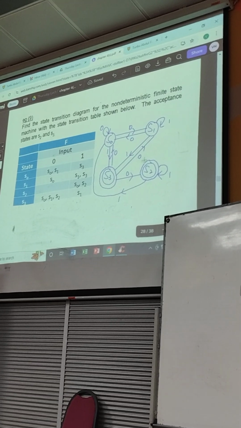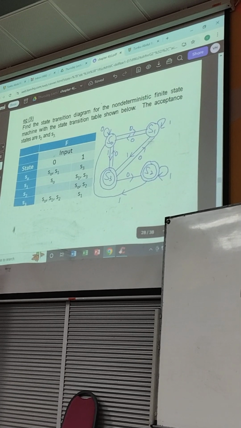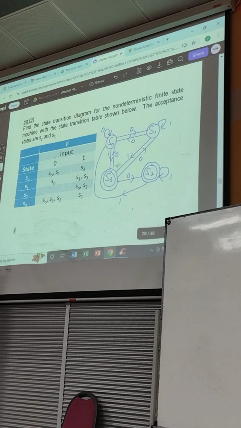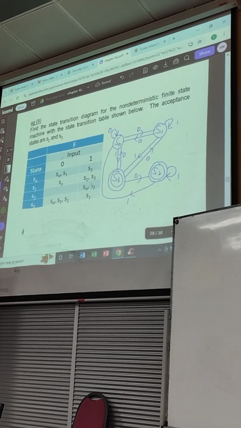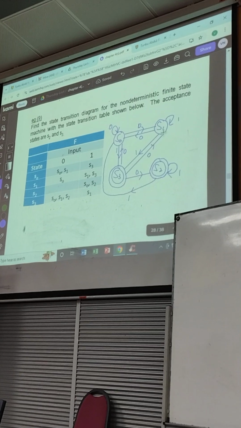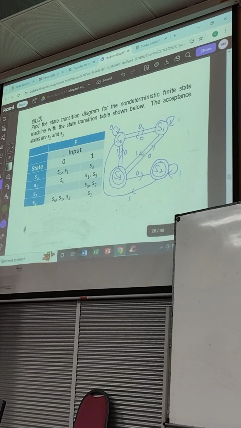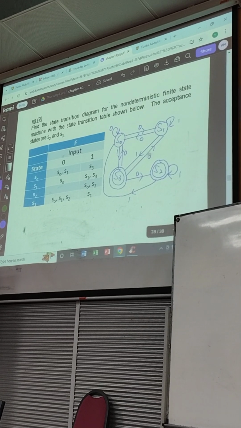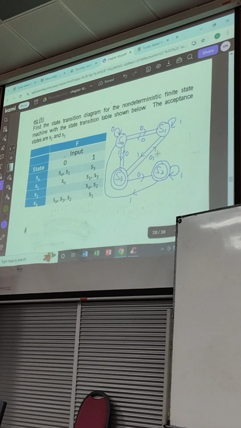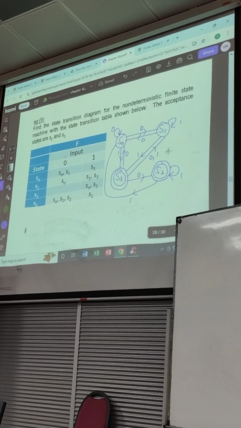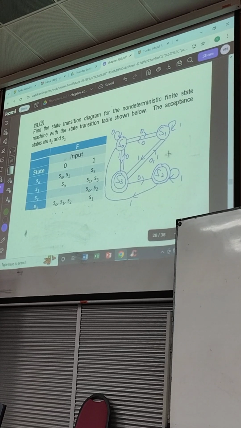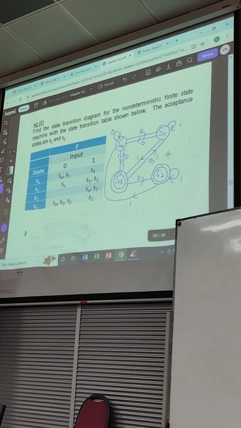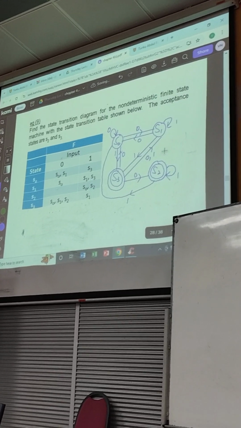All these 3 are input 0. Go to 3 different states. And input 1, S3 will go to S1 also. So instead of you draw another line, you can combine this one with input 1. No need to draw the different line if they go to the same destination. Okay, just join the input together.